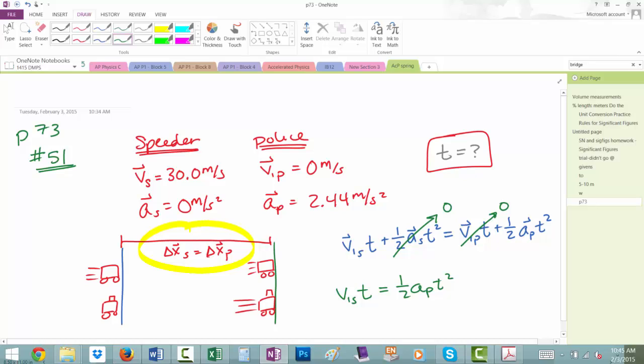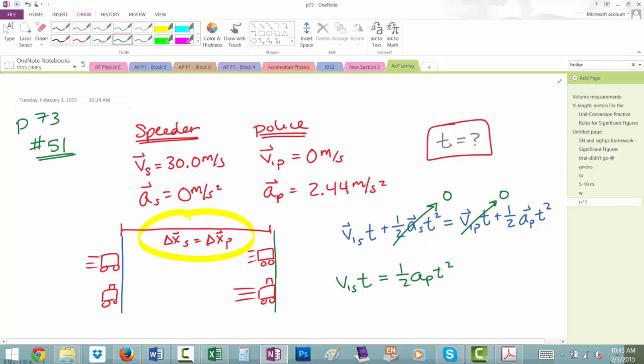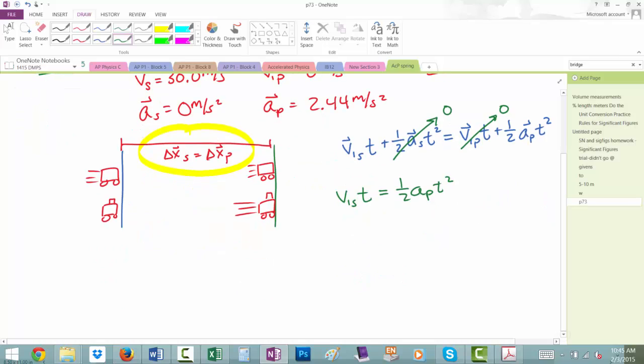Would you agree? Yeah? What are we trying to solve for? T. So we want to get all the T's on one side, get everything else somewhere else. Any recommendations as to what we should do? Go, Maya.